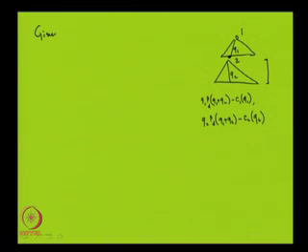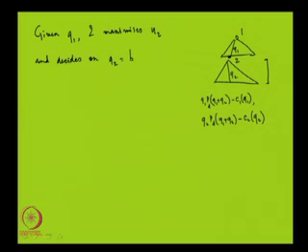So given Q1, player 2 maximizes U2 and decides on Q2, which we shall write as B2 of Q1, because as Q1 changes, the optimal value of Q2 will also change. So the optimal Q2 is a function of Q1.